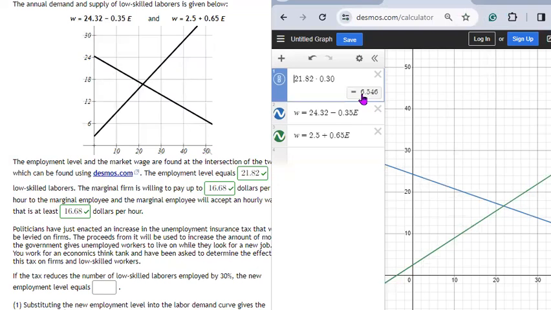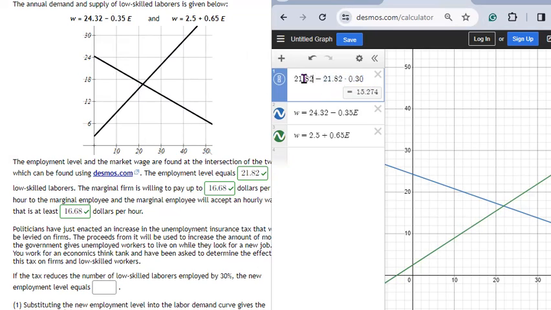This is the amount that the labor employment number falls by, right? This is the decline in the employment level. So what we needed is we need to subtract this quantity, 6.546, from the initial employment level. And the initial employment level is 21.82, right? So the decline, right? This represents the decline, the 30% decline in employment level.